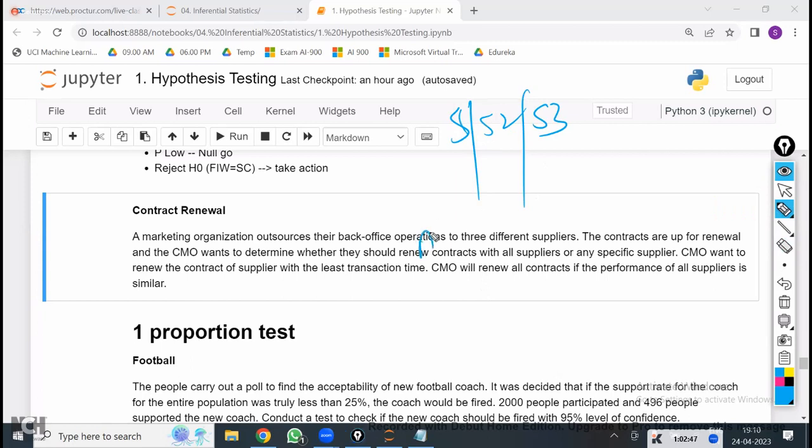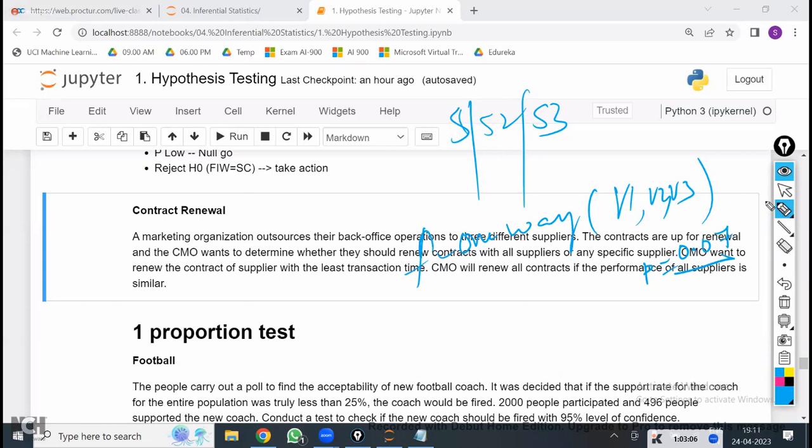So here there is a football problem where we are going to check the acceptability of the new football coach. It was decided that if the support rate for the coach of the entire population is less than 25%, the coach will be fired.